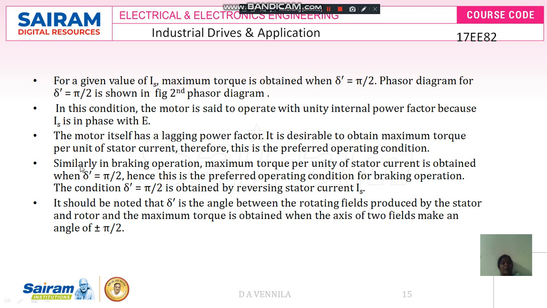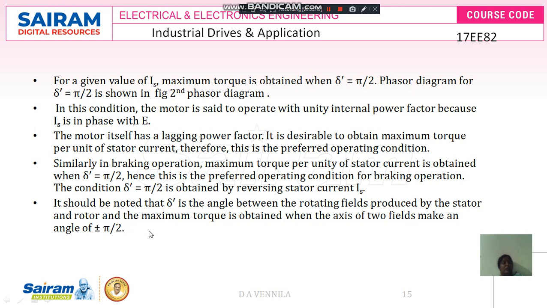Here the motor itself has a lagging power factor, and it is desirable to obtain the maximum torque per unit of stator current. Therefore this is the preferred operating condition. By reversing the stator current, we get the braking operation, that is minus pi by 2.